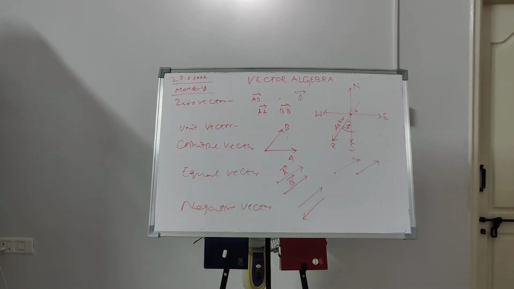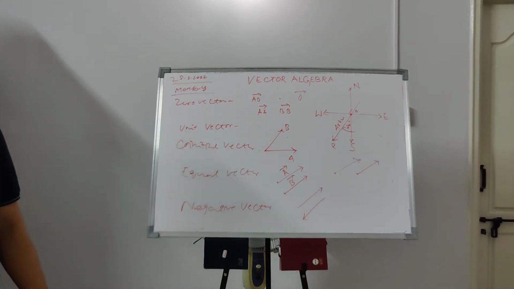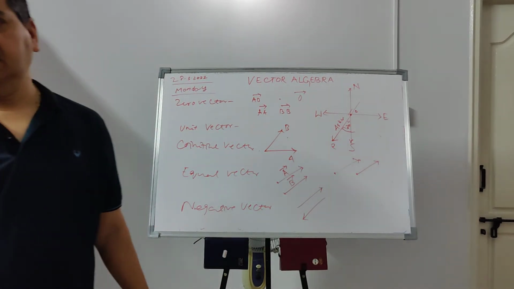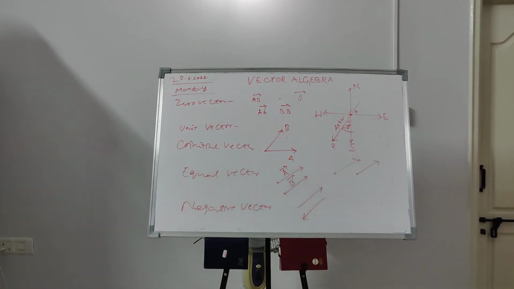In motion, there is a difference between displacement and distance. If I say only 40 kilometer, it can be in any direction. But when I assign a direction along with the magnitude, that becomes a displacement, and that is a vector.